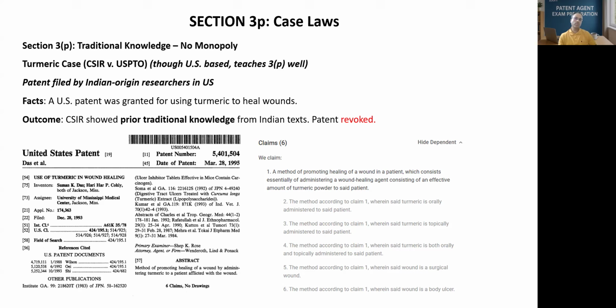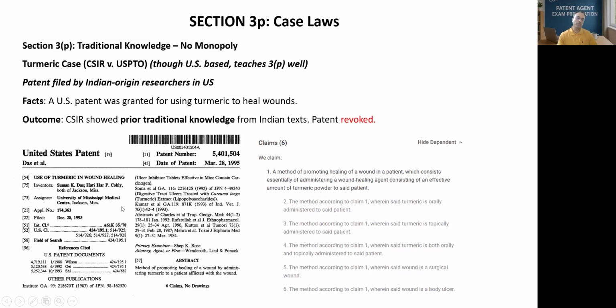December 28, 93. तो फाइल डेट है ना ये, फाइल डेट है सर। प्रायोरिटी डेट दिख नहीं रहा है सर। ग्रांट डेट कौन सा है ग्रांटेड इसमें? होगा मार्च 28, 95. Correct, okay. And inventor, you can see Suman K Das, Hari Har P Kohli, है ना? So yes sir. So they are Indian origin, इन्होंने फाइल किया था.